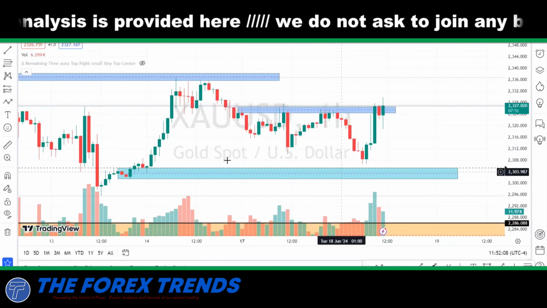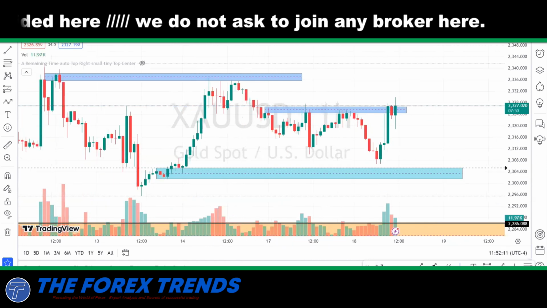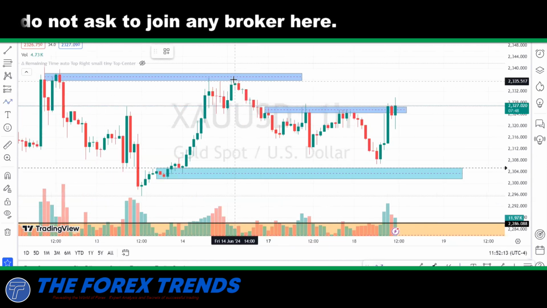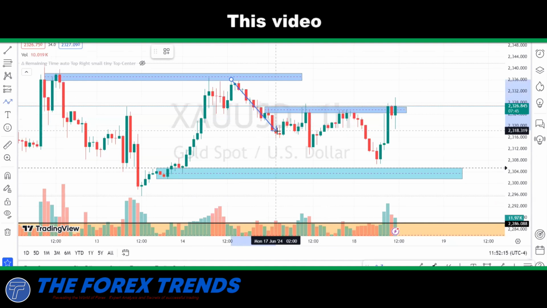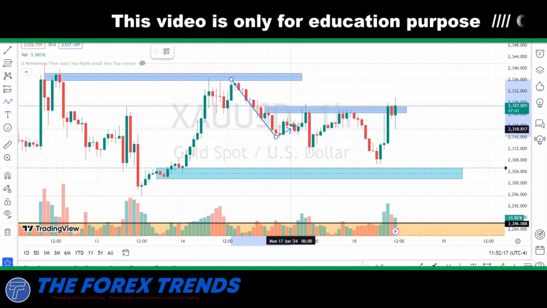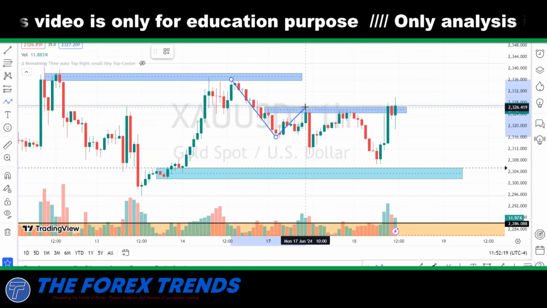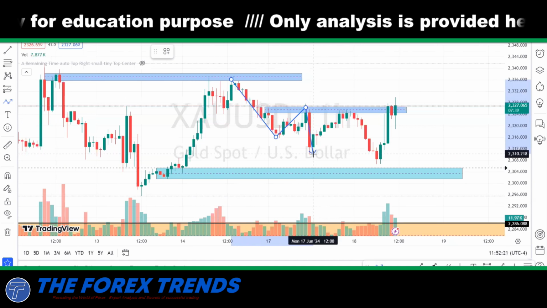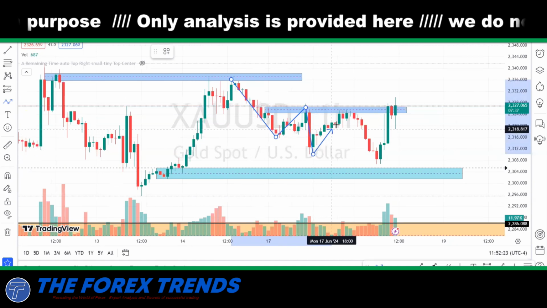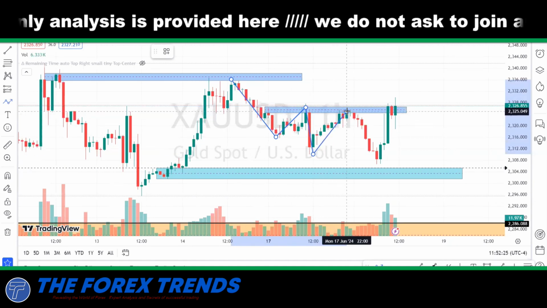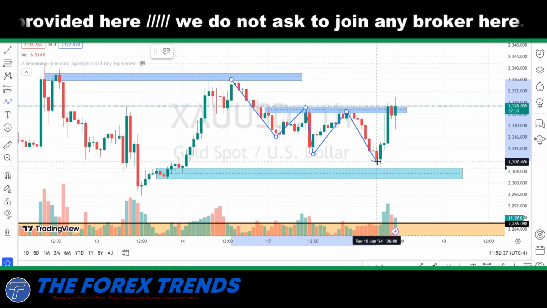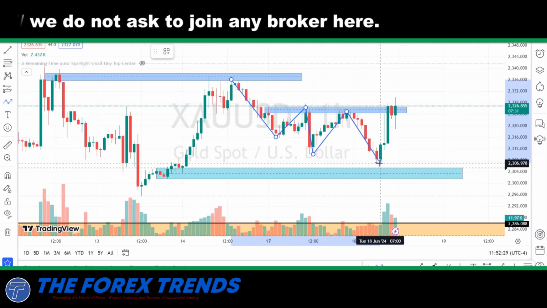In the 1 hour frame, if I mark the last structure, it is a lower low, then a correction, then another impulse creating a lower low, then a correction creating a lower high, and then another lower low.